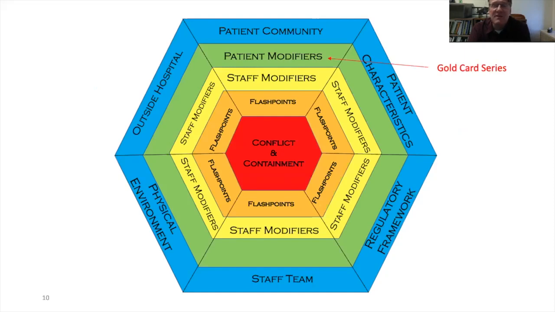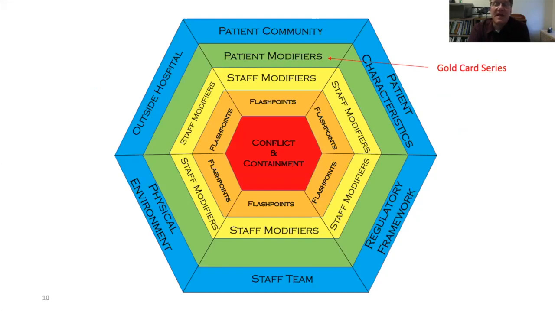And so there's an initiative starting, and maybe on your unit now, called the Gold Card series, in which 10 gold cards have been developed, which are skills so a patient can manage their emotional situation.